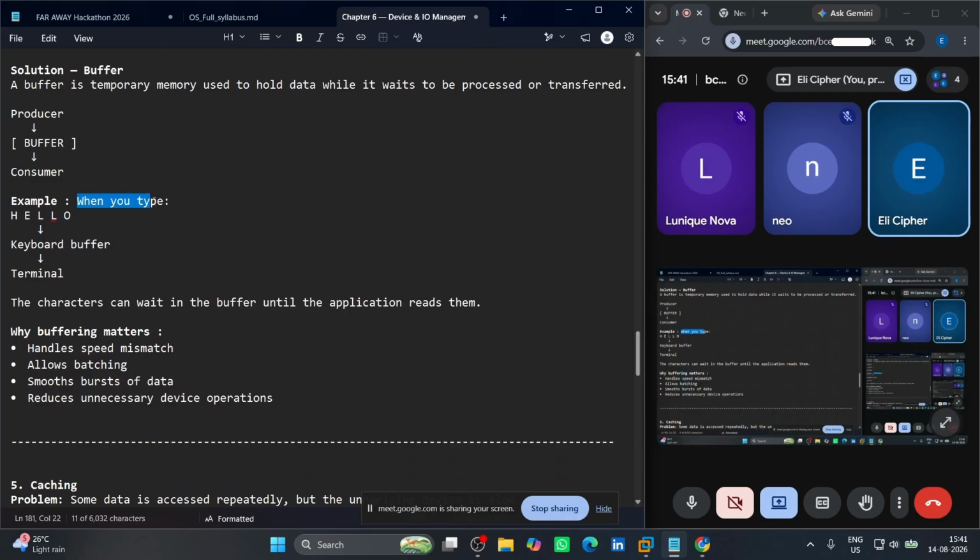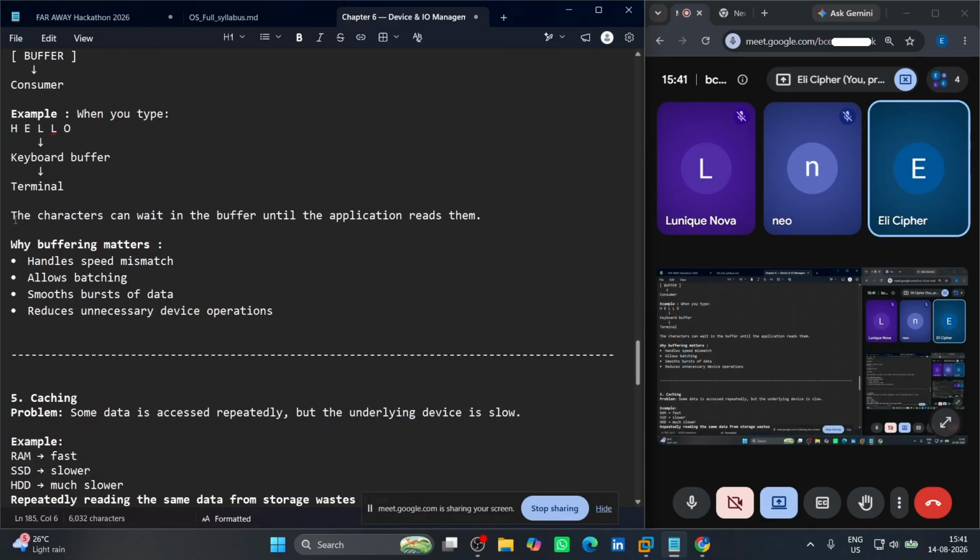For example, when you type hello, it moves to the keyboard buffer, and after that it will move to the terminal. The action which I perform here of selecting this particular text first moves to the buffer, and after that it will show on our screen. The characters can wait in the buffer until the application reads them.